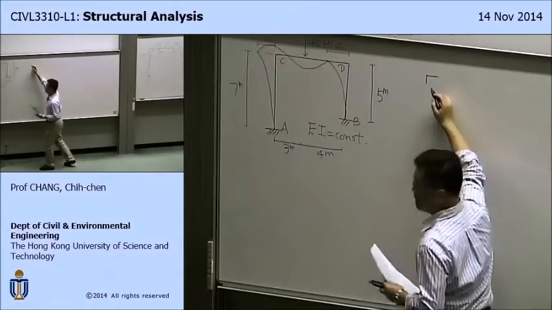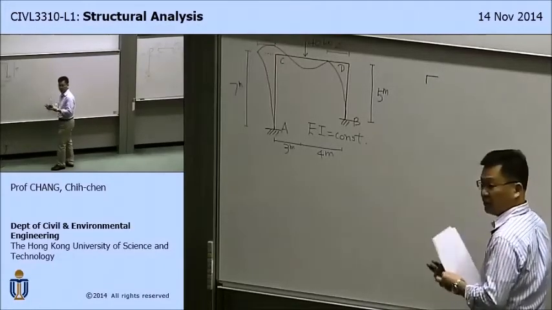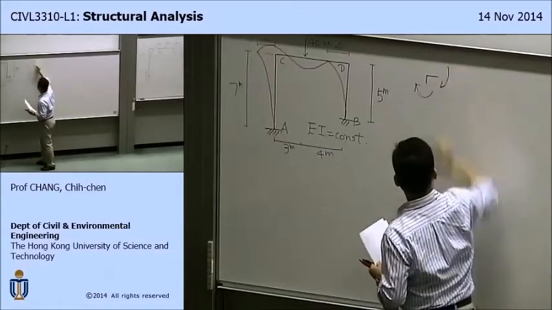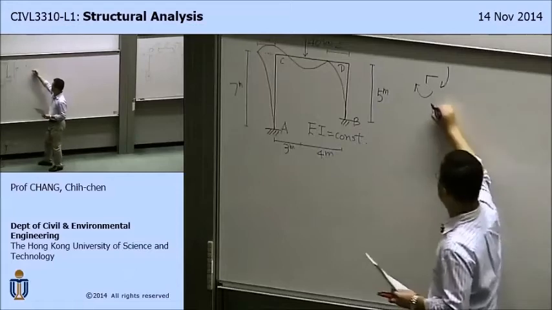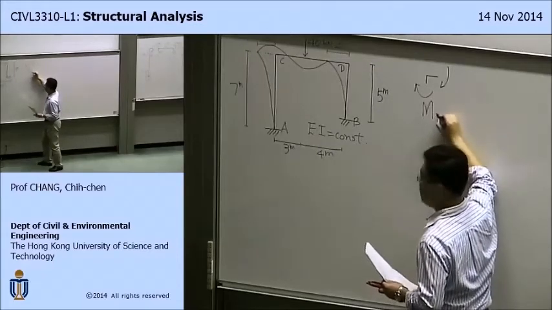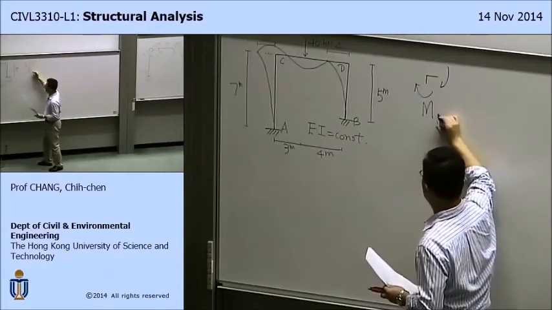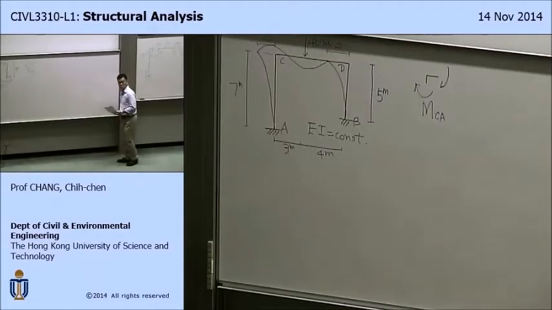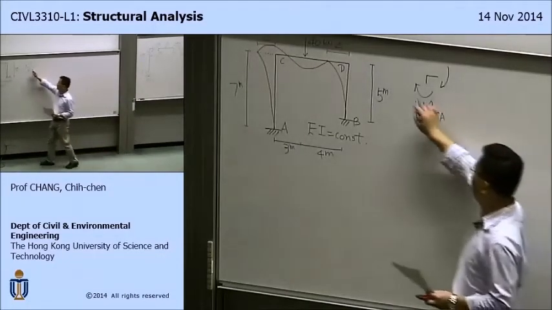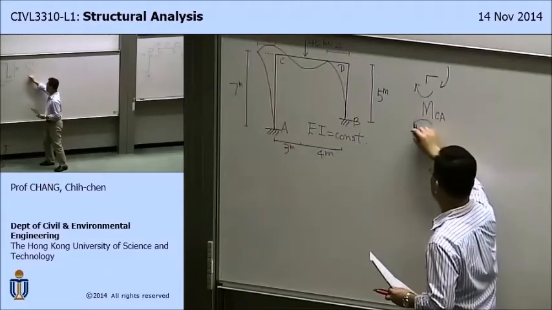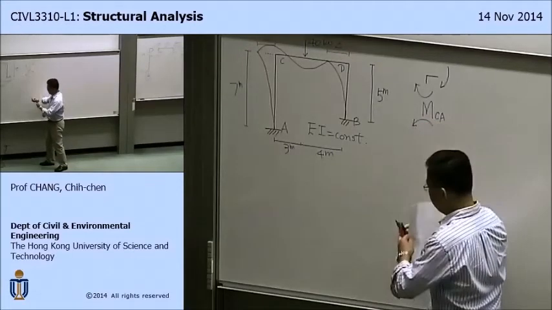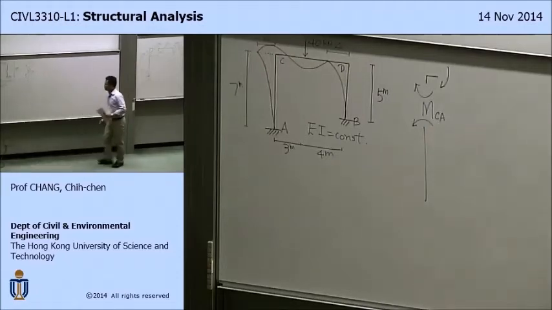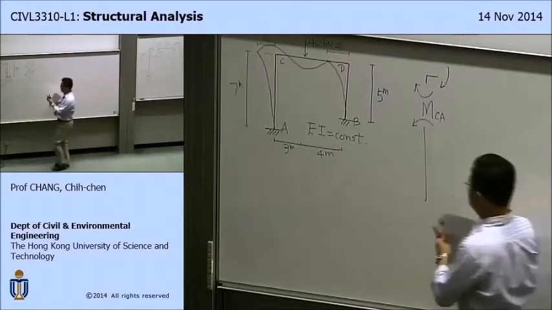So this is joint C. Now as you start to get familiar, I'm going to skip some details. So remember that these M moments apply to components. The clockwise is corresponding to positive in the components like that. Right? So MCA.